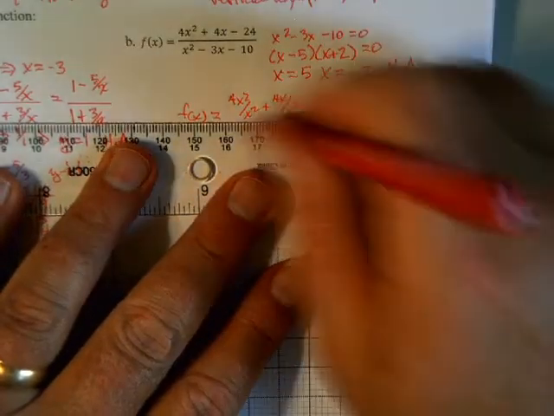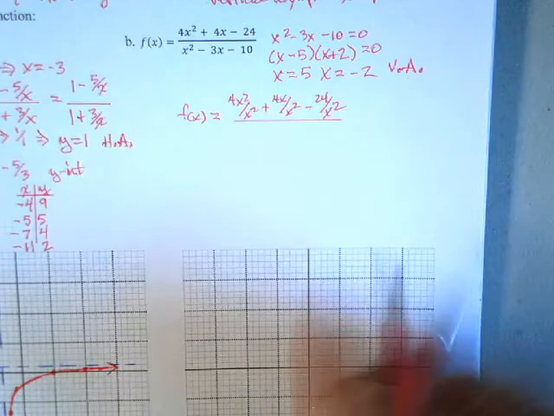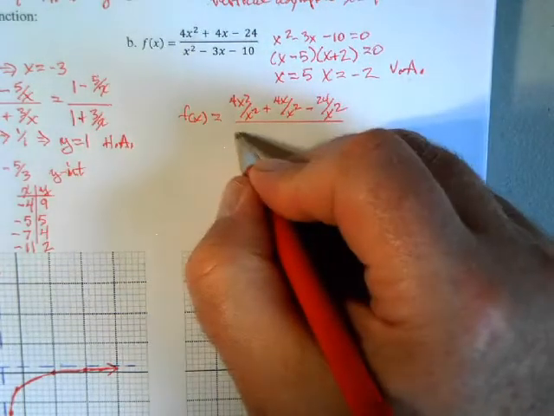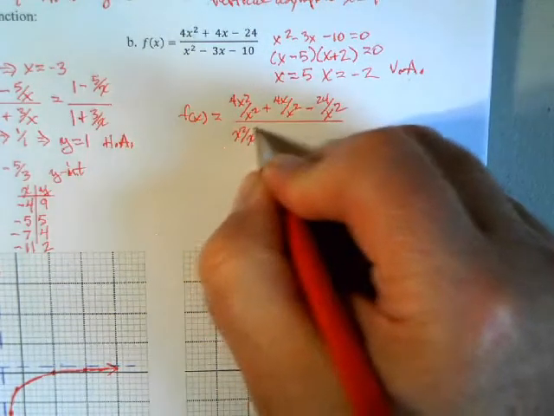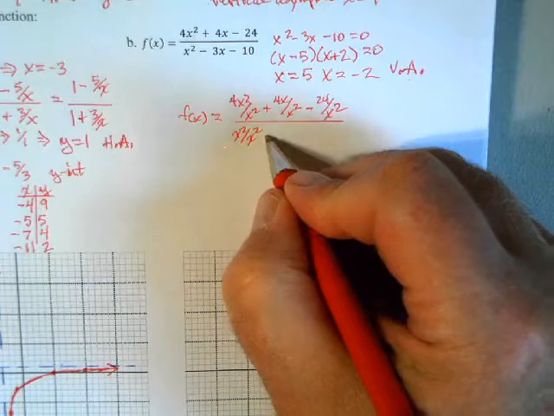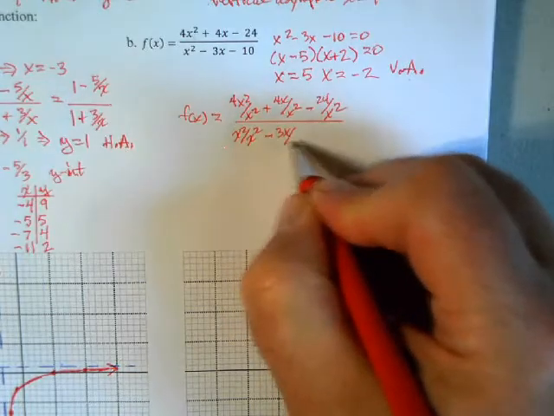Denominator x squared divided by x squared. And then minus 3x divided by x squared. And then minus 10 divided by x squared.